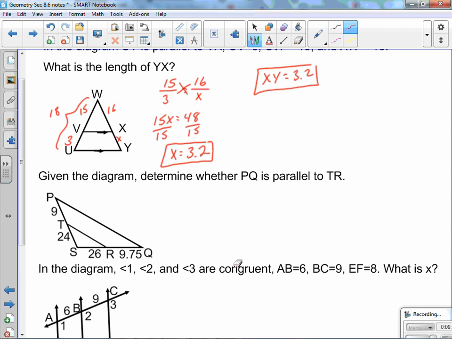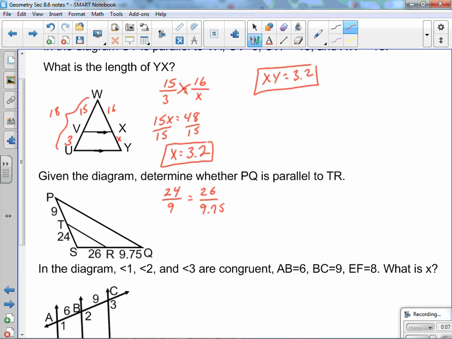So that means ST, which is 24, over TP, which is 9, should be equal to SR, which is 26, over RQ, which is 9.75.